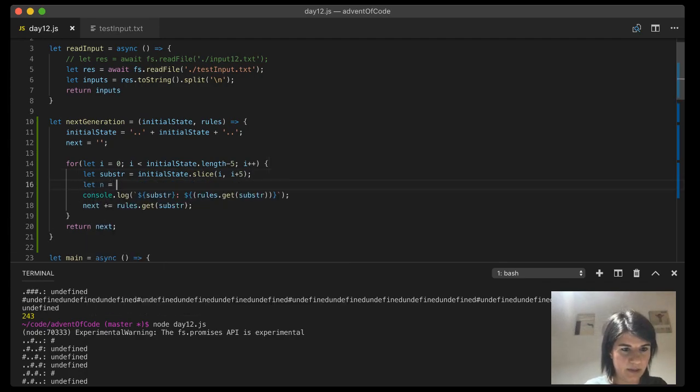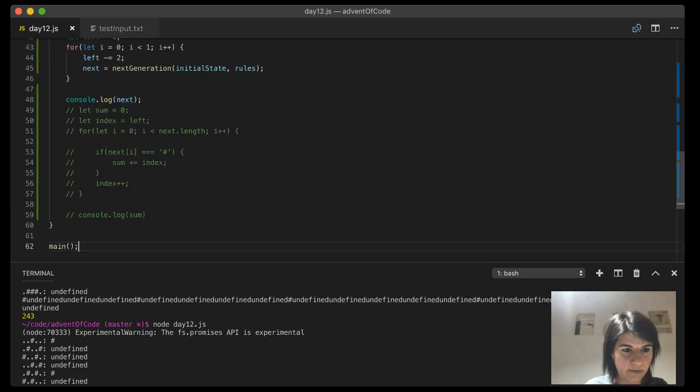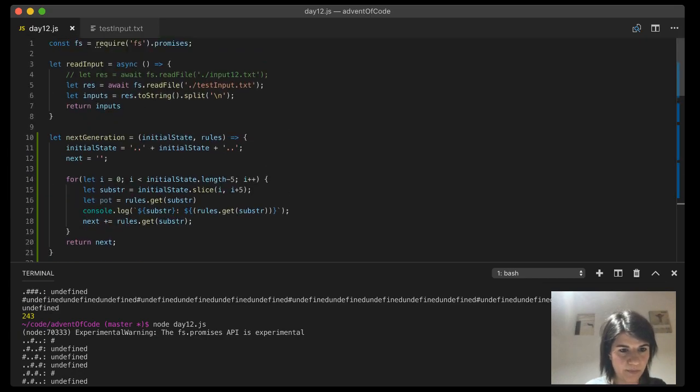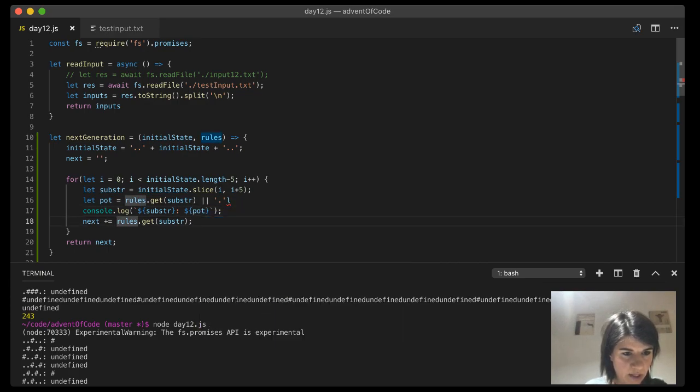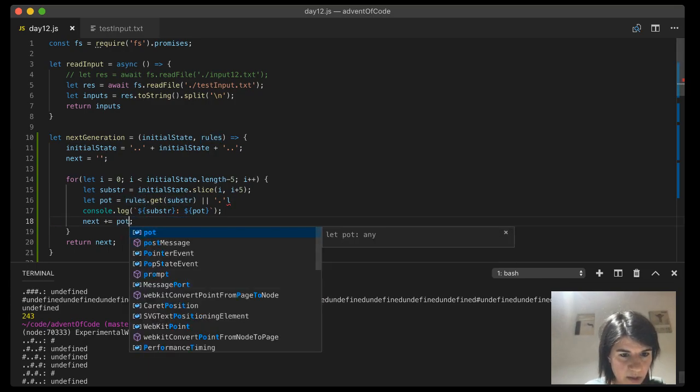Let pot equal, otherwise I just get a copy and paste error, rules.get of substring or a dot, and then here I'm setting the pot, and then next increases by whatever the pot was.